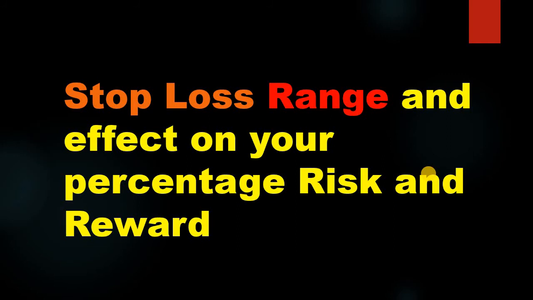So the stop loss range does not affect the risk amount. But what the stop loss range does, it affects the reward, and thus it affects the risk to reward ratio. So for a smaller stop, let's say 10 pips, the risk to reward ratio will be higher when compared to a bigger stop loss.